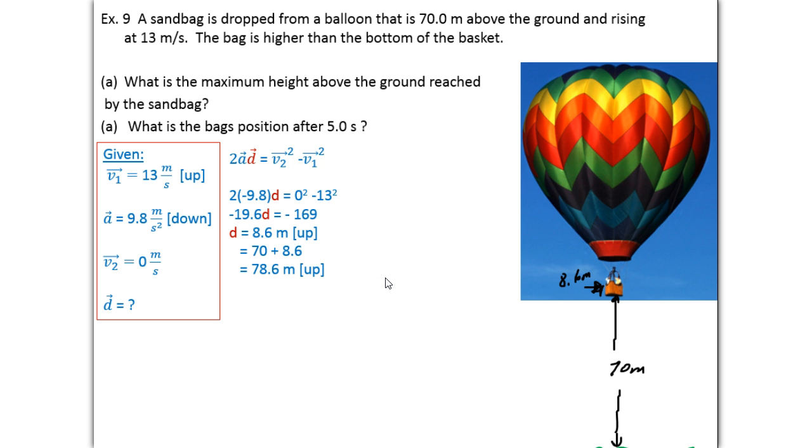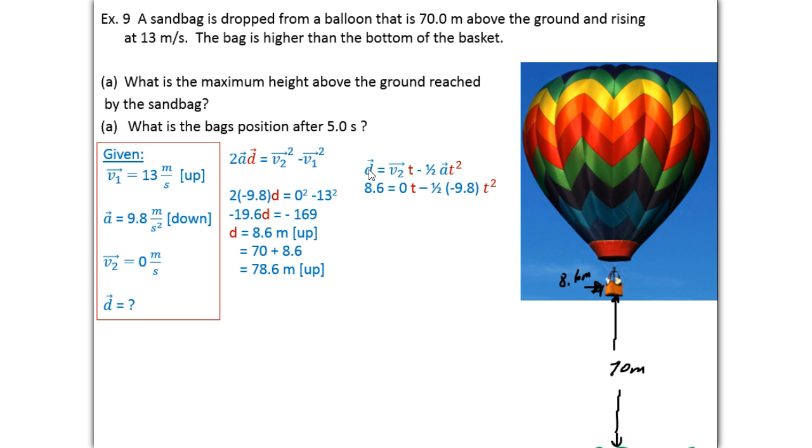What you need to remember is the bag is still going up before it starts to fall down. So first figure out how long it takes that sandbag to travel the 8.6 meters. Then how long does it spend falling? So the sandbag's going to go up 8.6 meters, start to fall back down, and you need to consider the time of both parts.